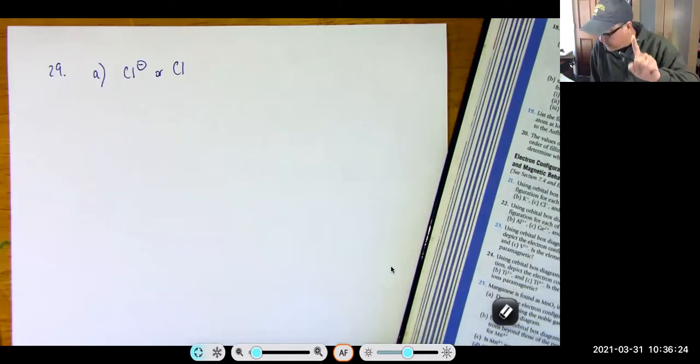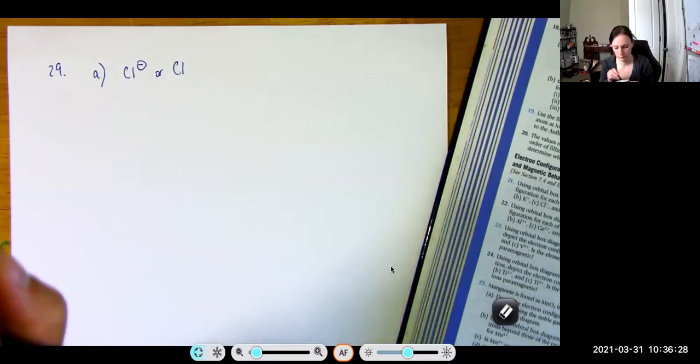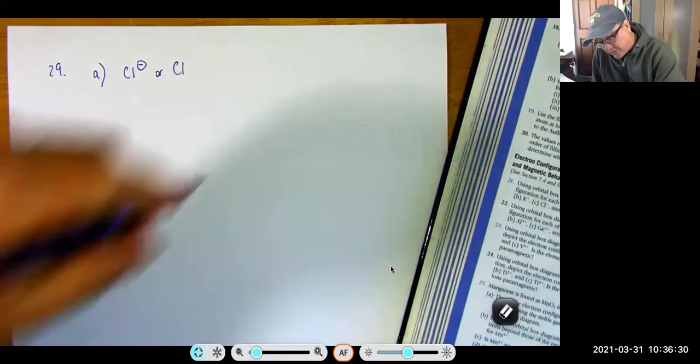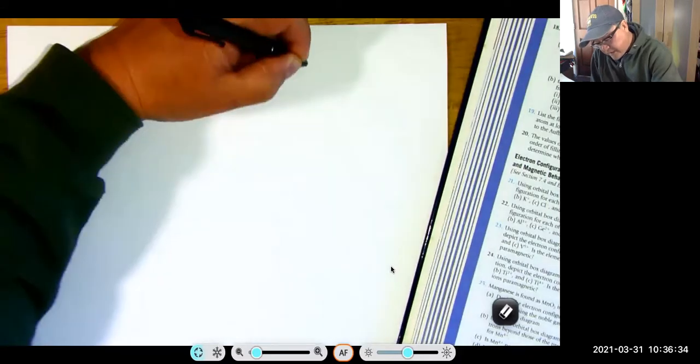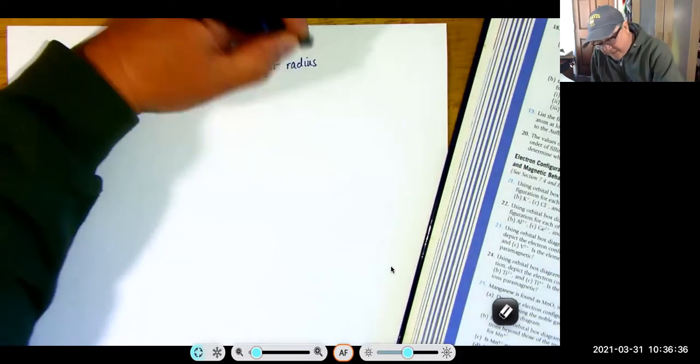Hang on a second. I just want to make sure I'm reading it correctly. Okay, larger radius. So chloride has the larger radius. And our reason is that they both have the same nucleus.